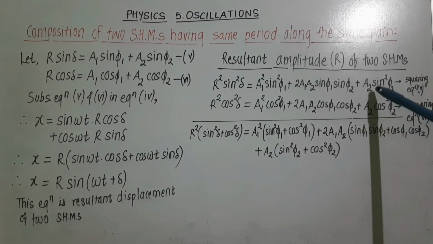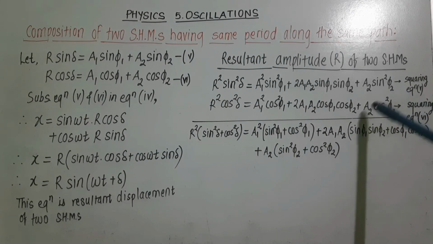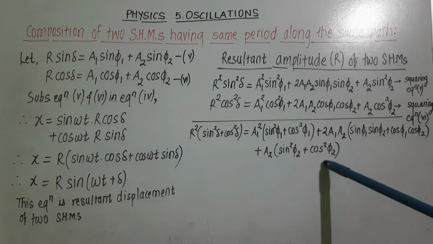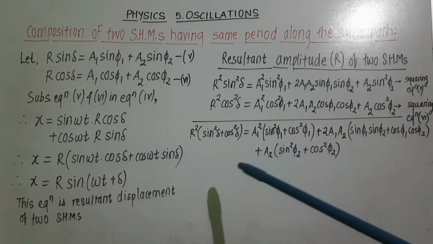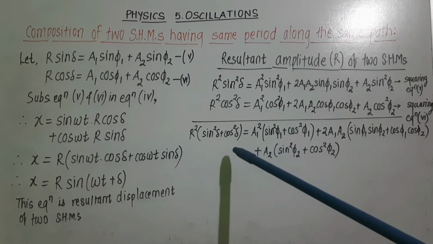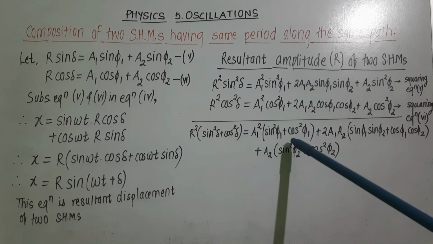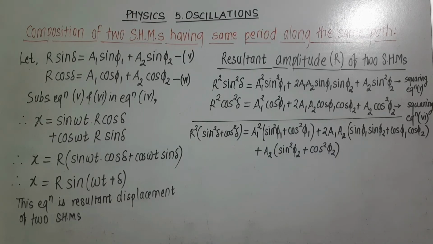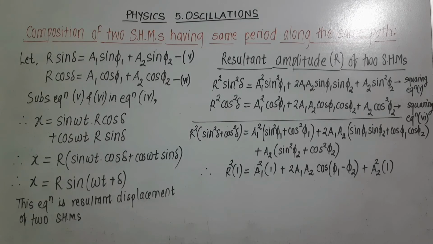Now for this last term, A2 square is common, in the bracket sin square phi 2 plus cos square phi 2. Now we know the formula sin square theta plus cos square theta is equal to 1. So all these terms are equal to 1 and we can simplify it.